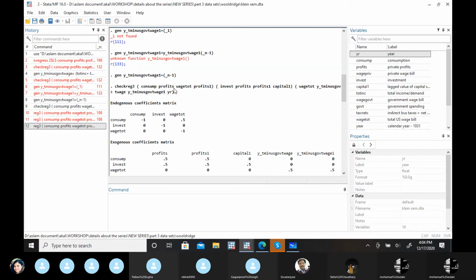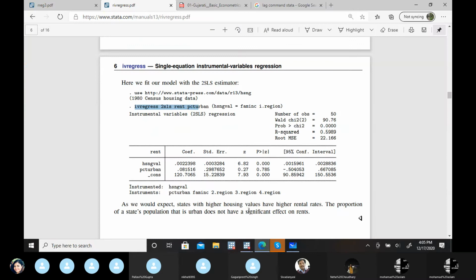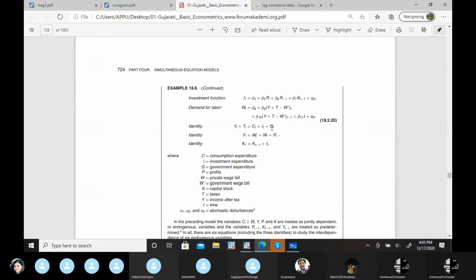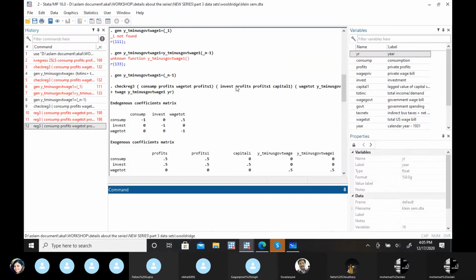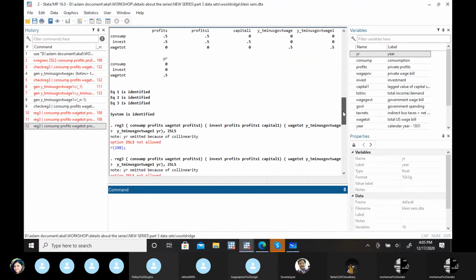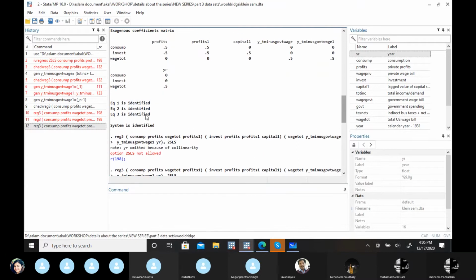I'm running the first three equations, because I have already taken so much time. So I'm not taking into account the other three equations, only the first three. Just put your equations, then it will tell you whether your equations are identified or not.